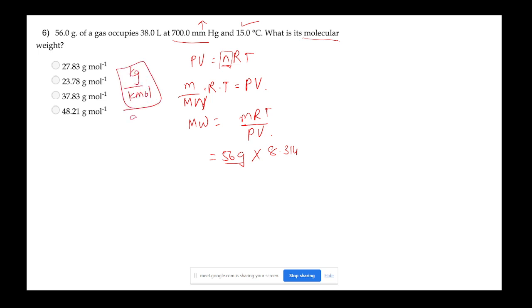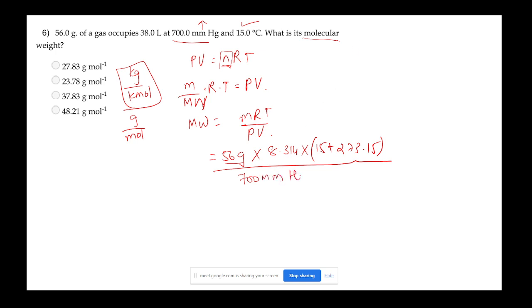So anyhow it will be gram per mole. So again, putting up the values, 15 plus 273.15. Don't forget to convert temperature into Kelvin. Then you have 700 mmHg.